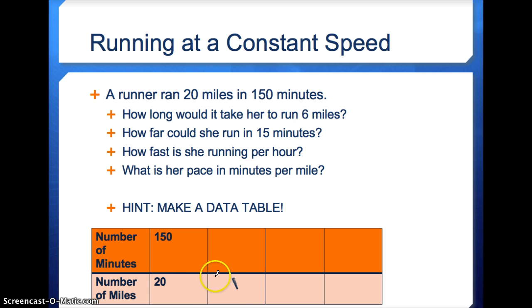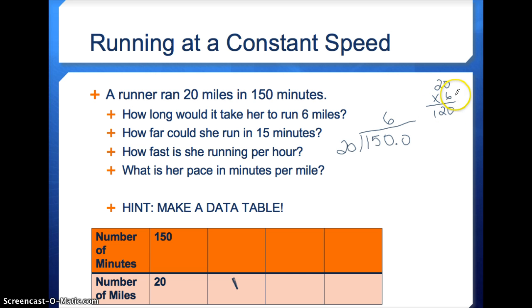So if we divide by 20, right, because going from 20 to 1, we divide by 20, 150 divided by 20, we should have a decimal. And that will be 150 divided by 20. 20 does not go into 15, so we leave that blank. 20 goes into 150, I believe, 6 times. 20 times 6 is 120.